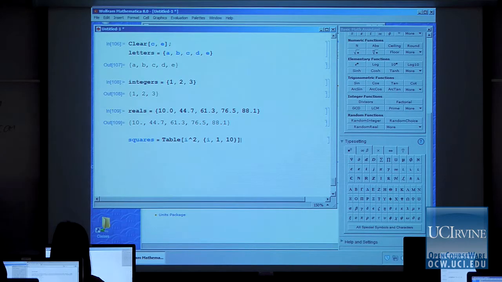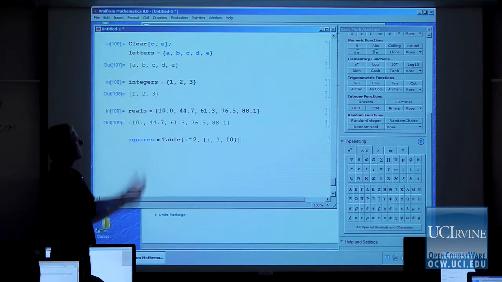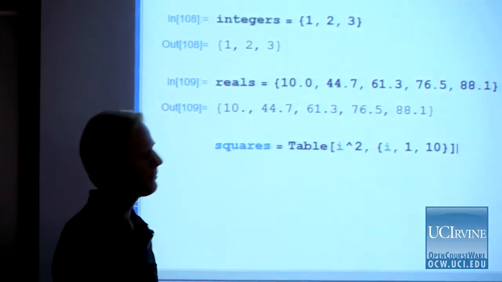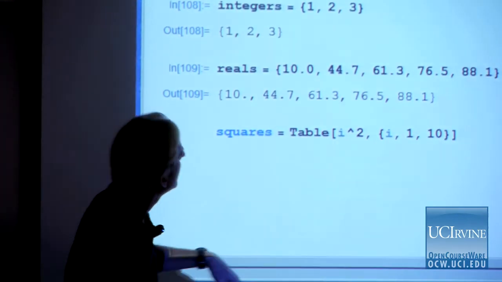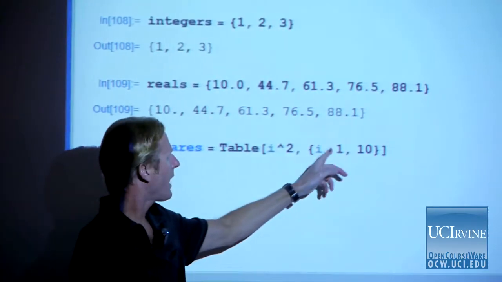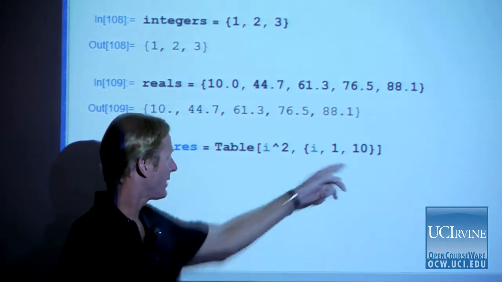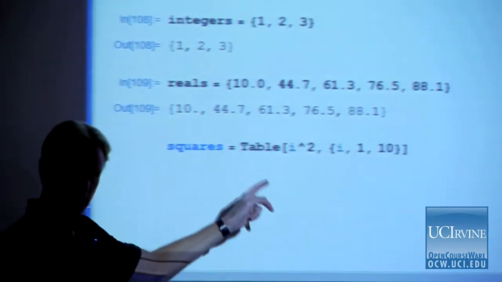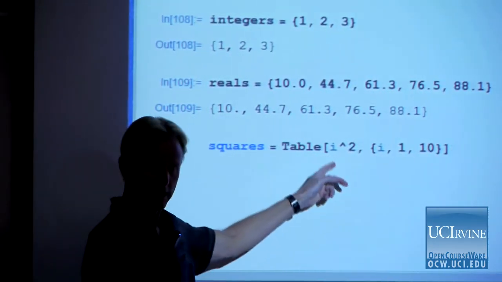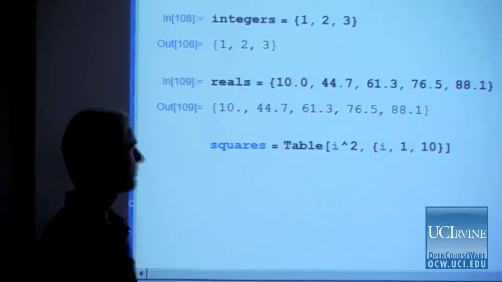So what this is going to do is create, in this case, a list, because it's only got one dimension, where for each value of i in this range, 1, 2, 3, 4, 5, 6, 7, 8, 9, 10, it's going to square it and give that to me in the list called squares.